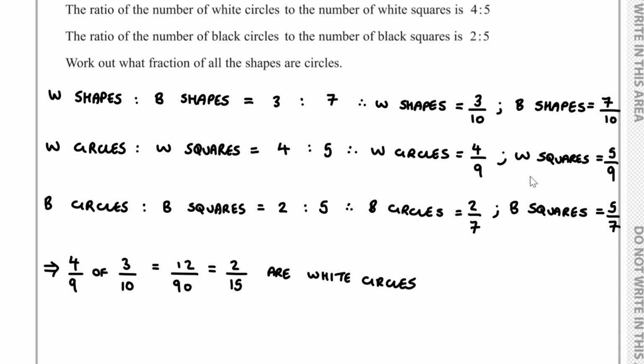Okay, and we've got 7/10 of the shapes being black shapes, and of those 7/10, 2/7 of those are black circles. So we've got 2/7 of the 7/10.